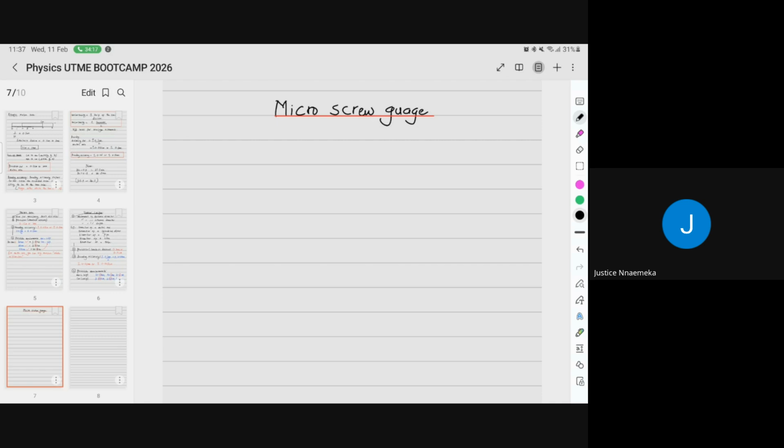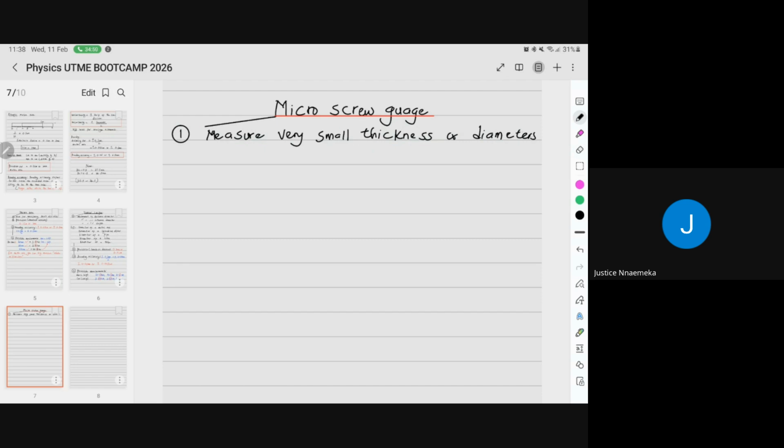So now, the first thing I want to talk about is that we can use it to measure very small thickness or diameters.